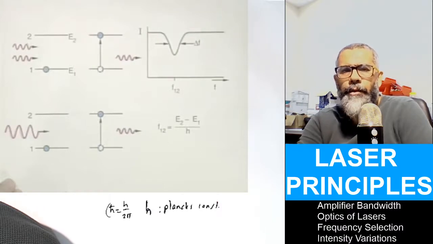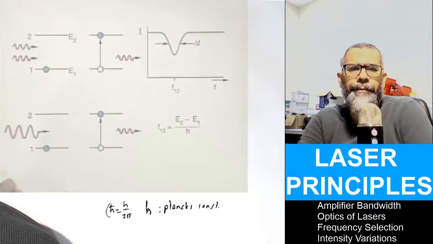You have some probability, but if the frequency exactly matches f12, then the absorption is at its maximum. What you obtain in the spectrum is the bandwidth of the absorber, and it will be pictured like this inverse bell shape.